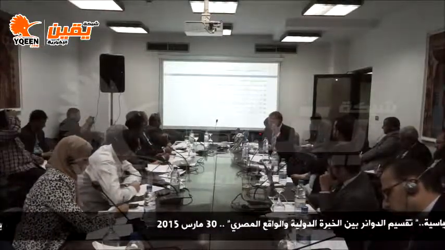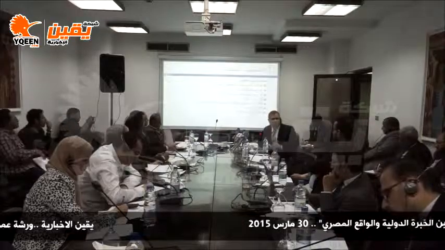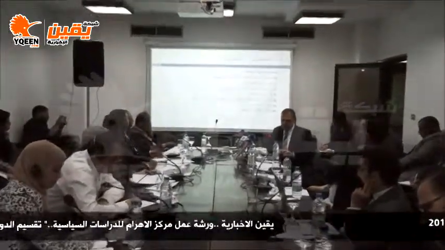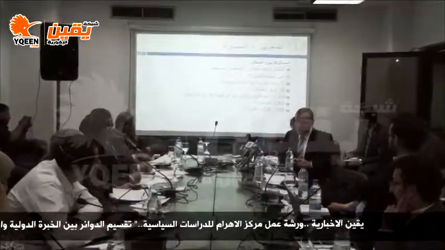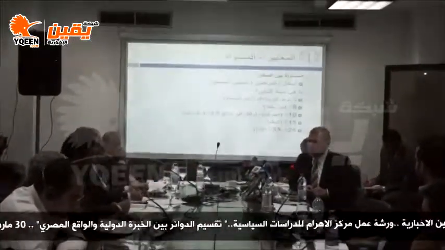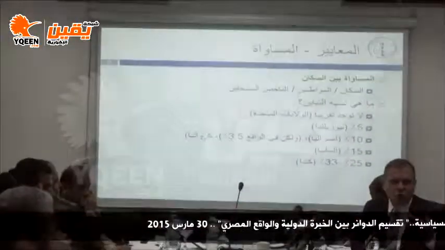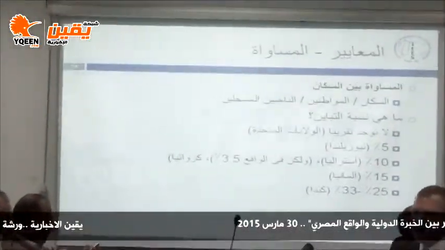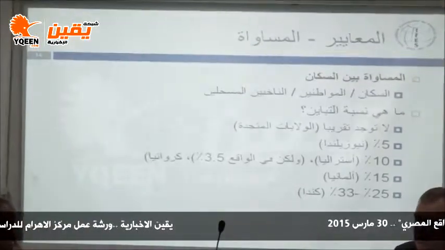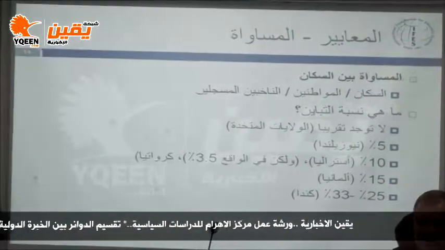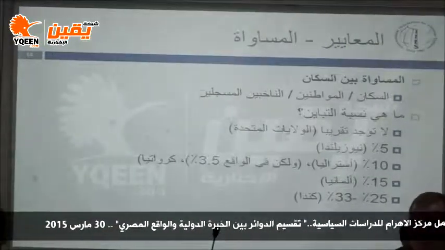If you look at the criteria, and this is the one that I think you would probably be most interested in at this stage, what we're talking about here is population equality. This goes all the way back to the Universal Declaration of Human Rights and the International Covenant on Civil and Political Rights, where both of them state in the articles that deal with electoral rights that there should be equal suffrage.